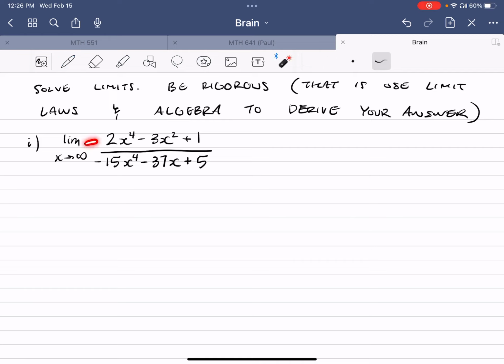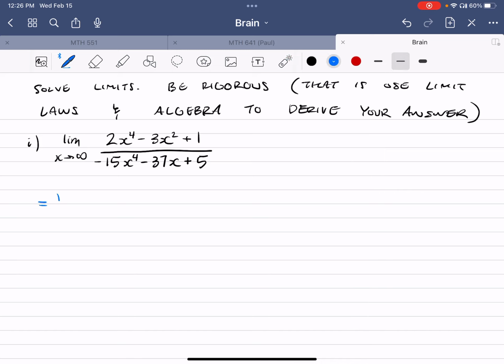So you could try and think of limit laws, but then you get infinity over infinity, and that really doesn't work. Some limit laws are less useful for limits at infinity. So our standard trick here is to first divide the numerator and denominator by the highest degree in the denominator.